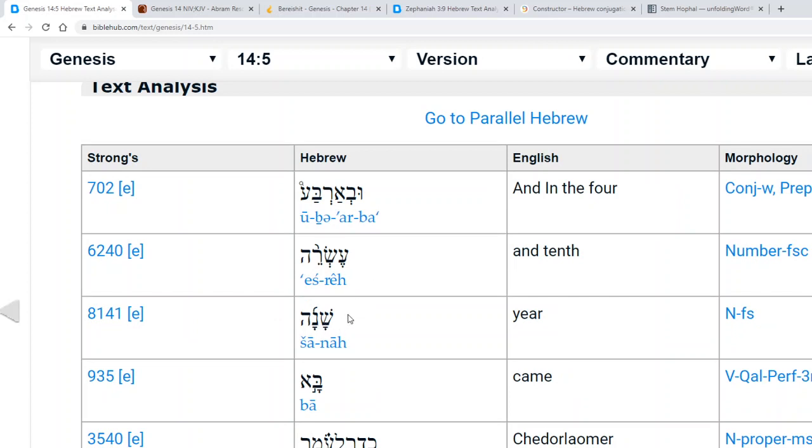Okay, so uva arba esre shana. So this makes it weird. Okay, so conjunctive vav, there's the bet, and in 14th year, you could say that uva arba esre shana, but it almost seems like and in 14 years.